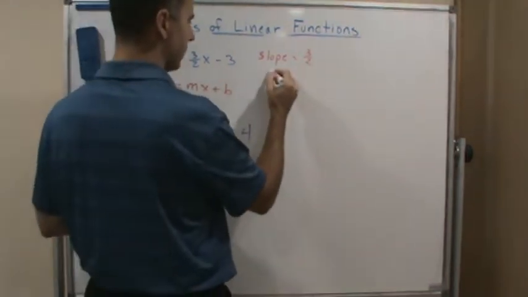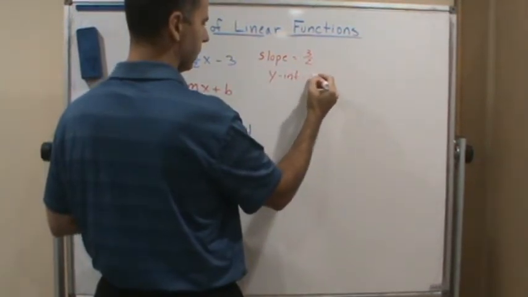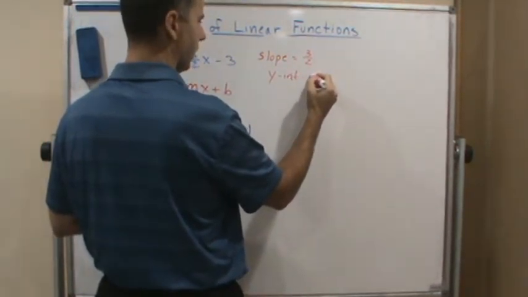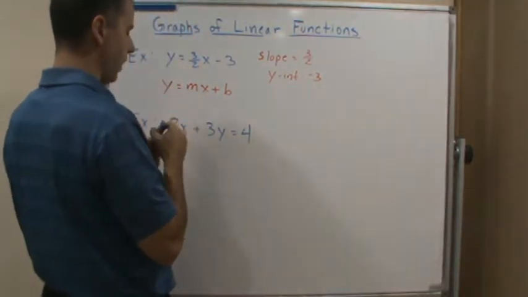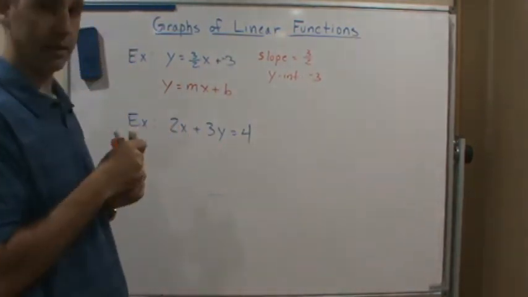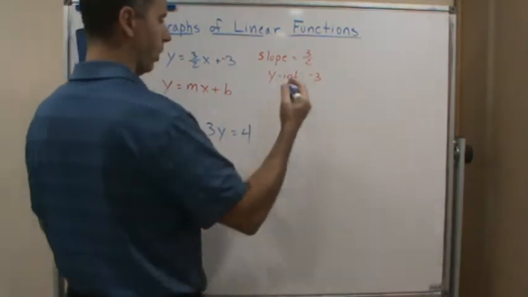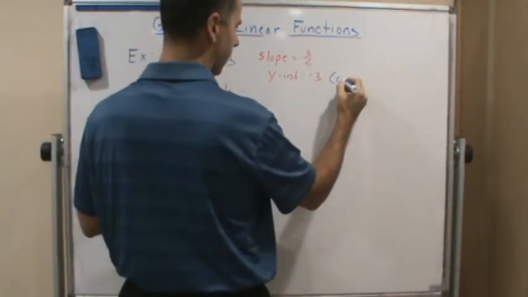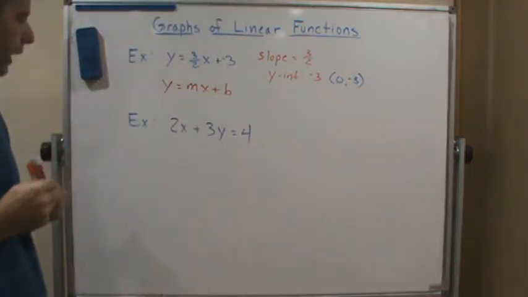And so in this case, the y-intercept is -3, right? Because it's plus. So we would write this as plus negative, and that tells us that the y-intercept is -3, or the point (0, -3). Okay?